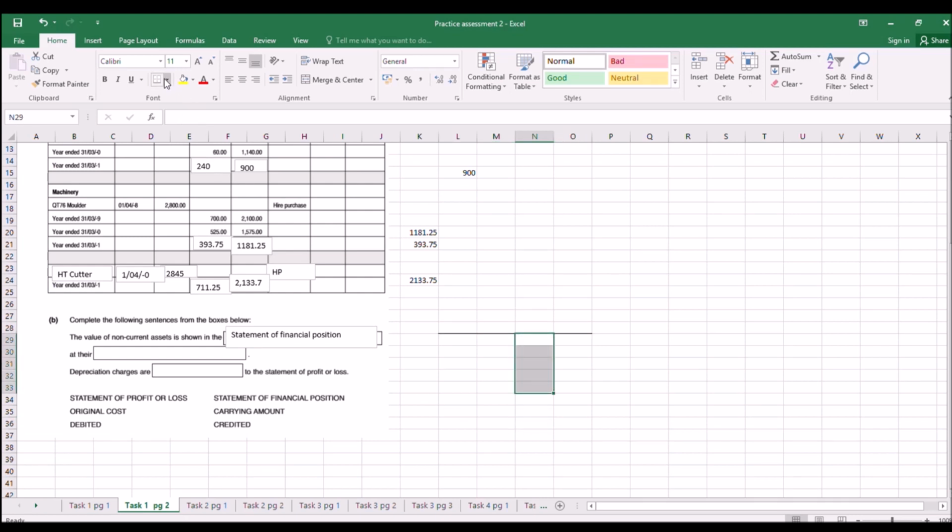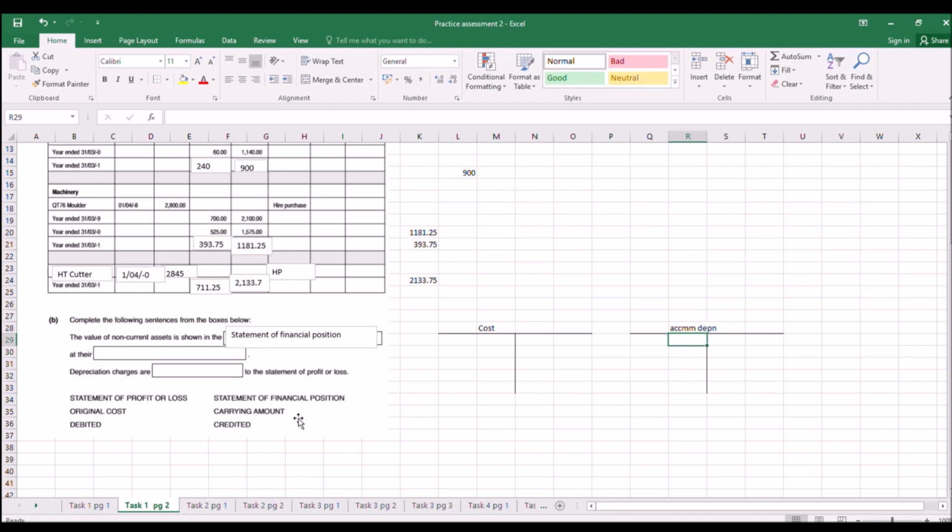We would have our original cost as one account, so cost, but we would also have our accumulated depreciation in here. Let's just go through it now. It's strange they haven't put in market value in there because that would be a little bit of a trick. So original cost here, yes, but we would also have this accumulated depreciation, which we're reducing that.